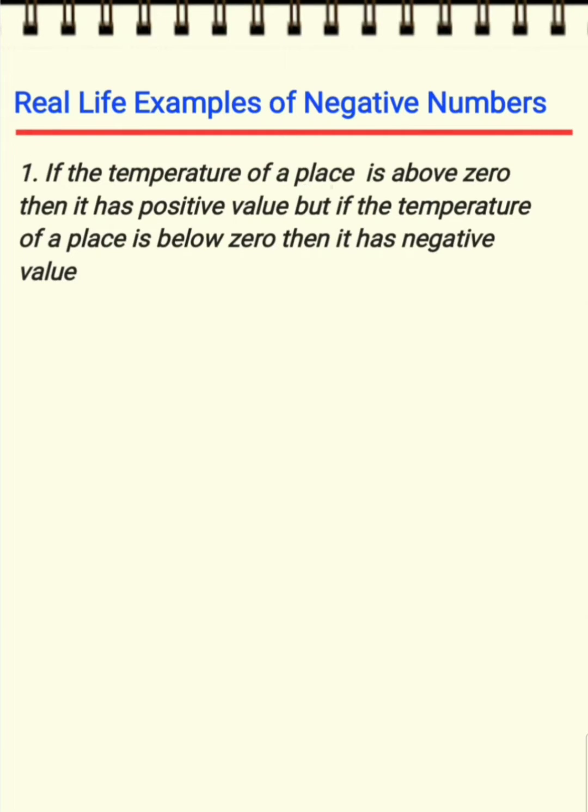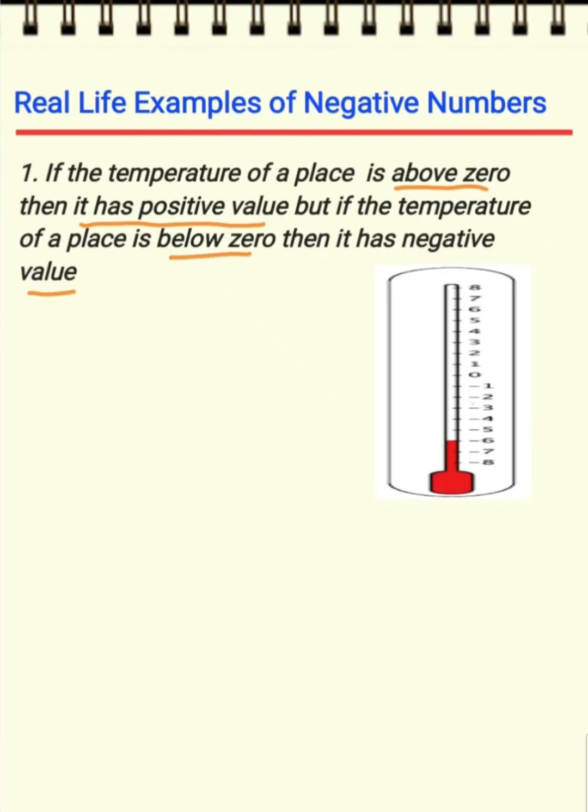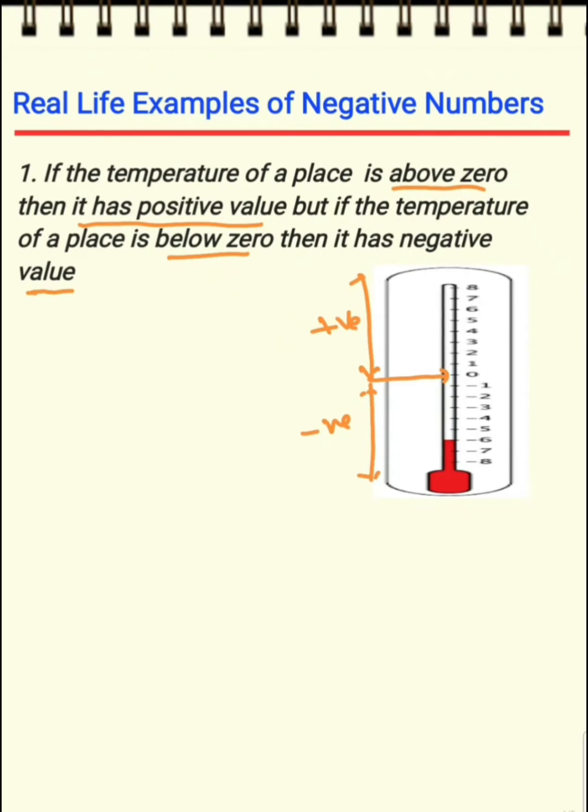If the temperature of a place is above 0, then it has a positive value. But if the temperature of the place is below 0, then it has a negative value. We can see in this thermometer, this is 0 and below 0 we have negative values, and above 0 we have all positive values. The temperature of a hot place is written with positive numbers and the temperature of a cold place is written with negative numbers.